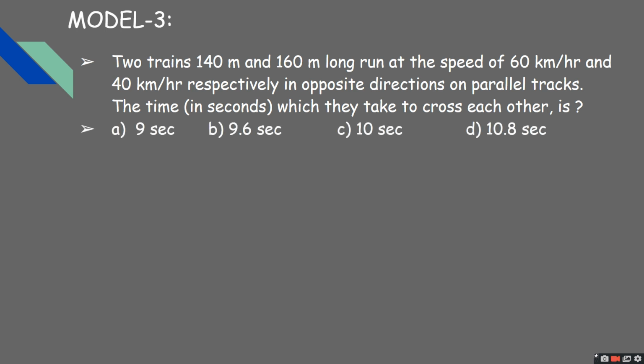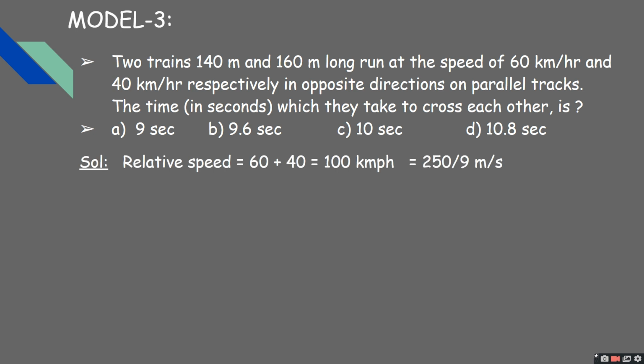As trains are moving in opposite direction, relative speed of train equals the sum of speed of trains, that equals 60 plus 40 equals 100 kilometers per hour. Converting kilometer per hour into meter per second, we have to multiply with 5 by 18. 100 into 5 by 18 equals 250 by 9 meter per second.